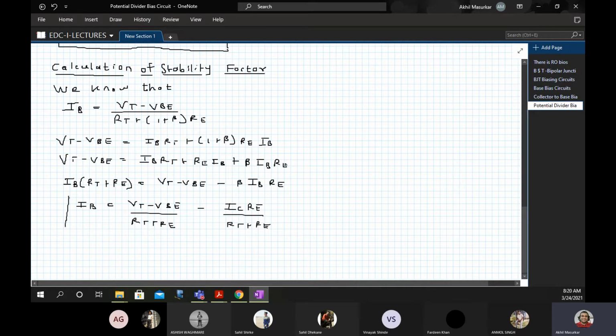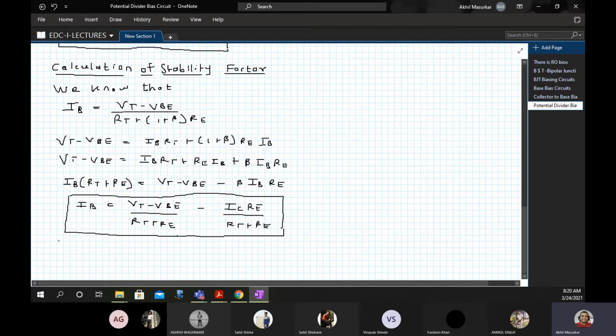So this is the equation which I have written for my convenience, so that I can take a derivative of this with respect to IC and then comment on the value of the stability.